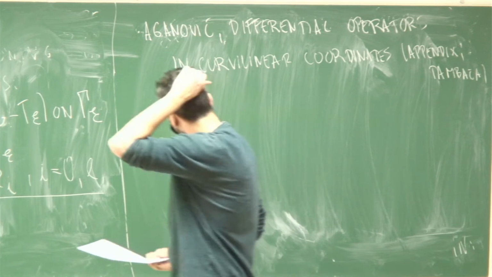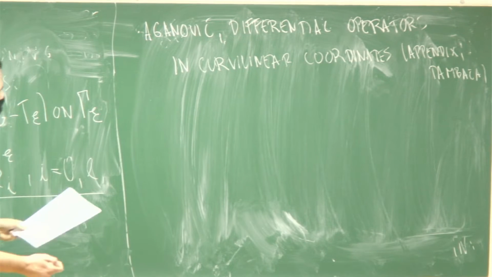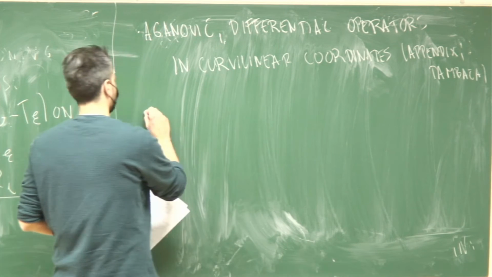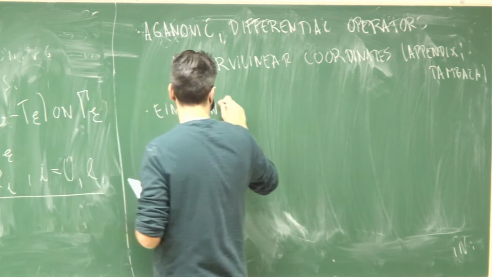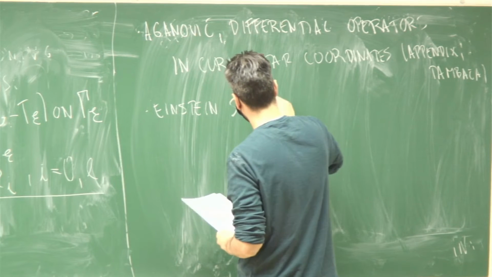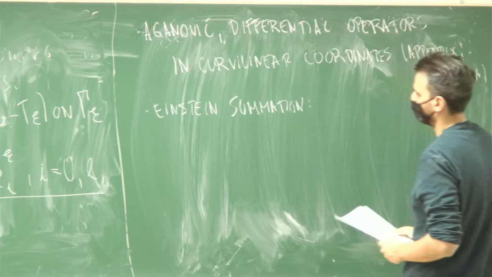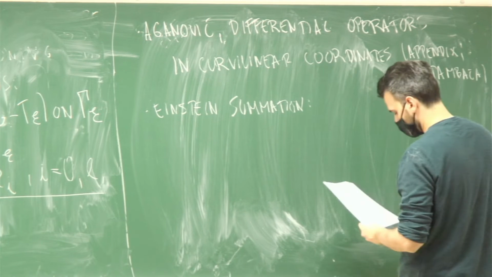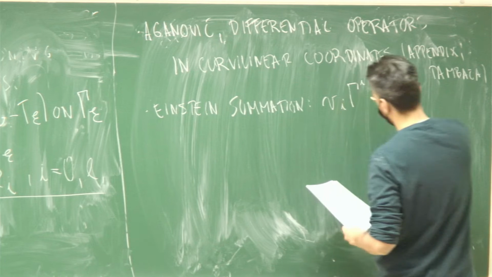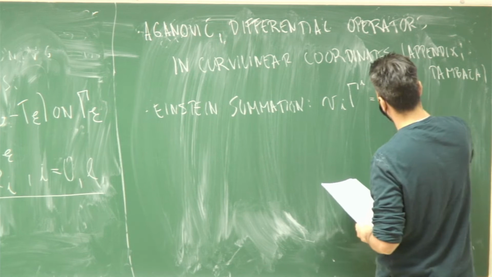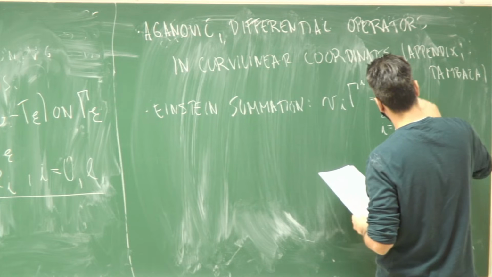What you need for starters, there are a lot of these small technicalities. You need to understand the notation. You have the Einstein summation, which is perhaps a little strange if you haven't seen it, but it's classical. This Γ will be the Christoffel symbols. This basically means summation from 1 to 3, in our case.